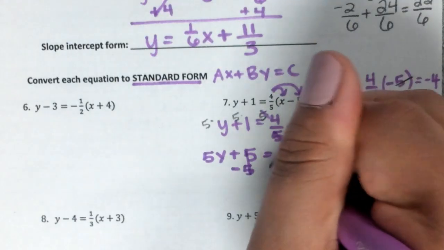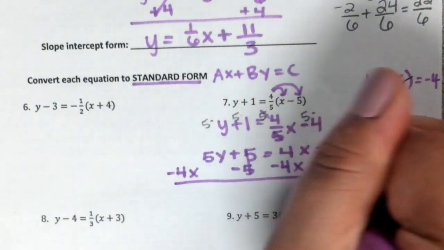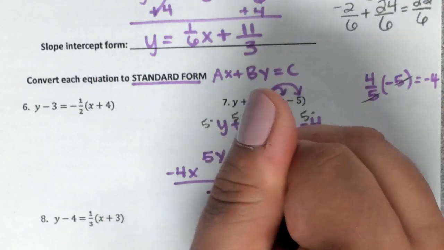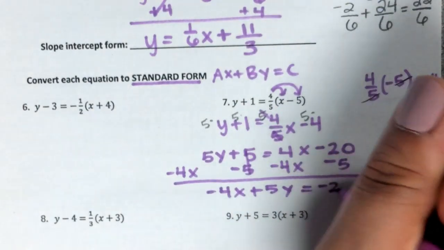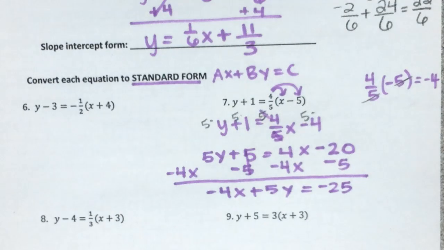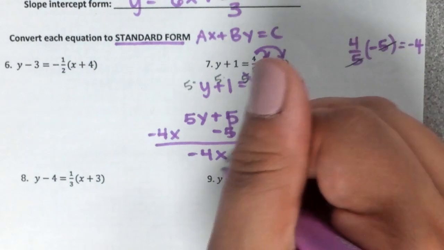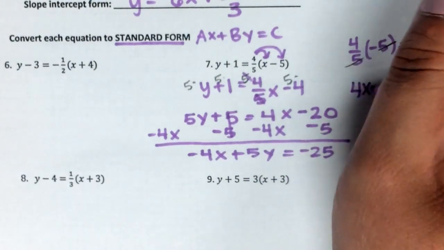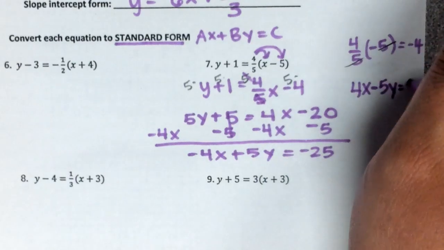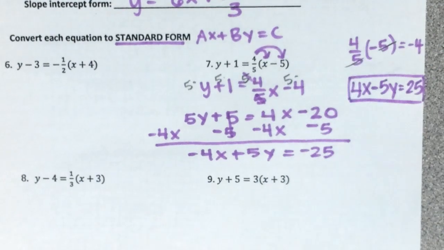Yes. And I got to move the 4x out front. You gotta change it into positive. I got to have positive, so that's going to give me positive 4x minus 5y equals 25. Change your signs.